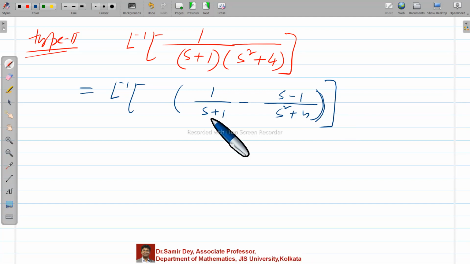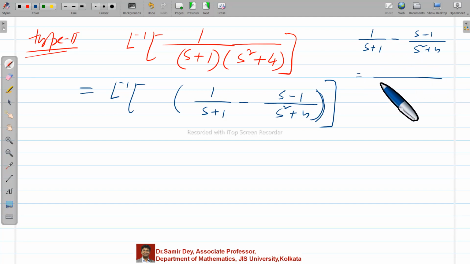Is it clear? So in this problem you have 1 by s plus 1, so I should write s minus 1. I think it is clear to all of you. Now take a look at how to balance it. It's very easy. So 1 by s plus 1, minus s minus 1 by s square plus 4. The lower expression is similar to that, (s plus 1)(s square plus 4).